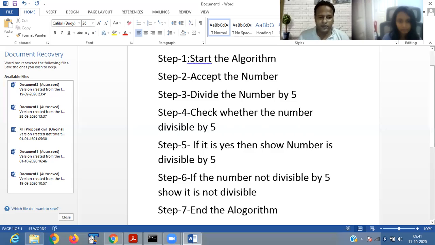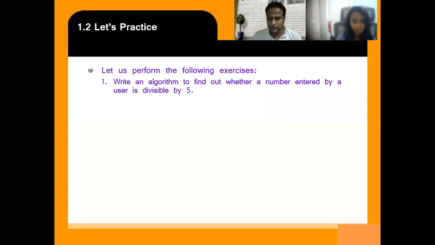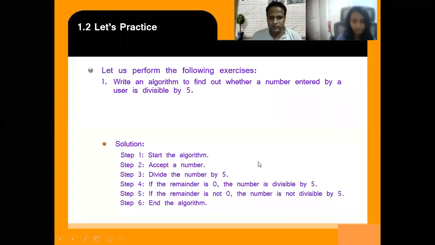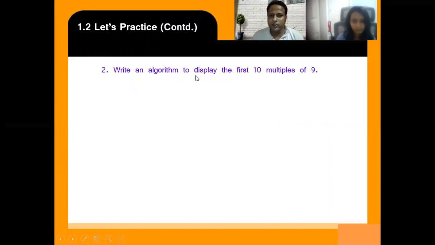Okay, next part. Write an algorithm to display the 10 multiples of 9. So we have to display the multiplication table of 9.